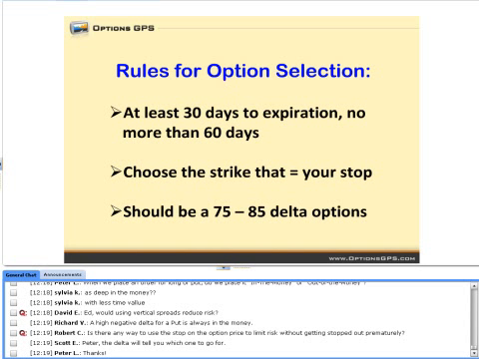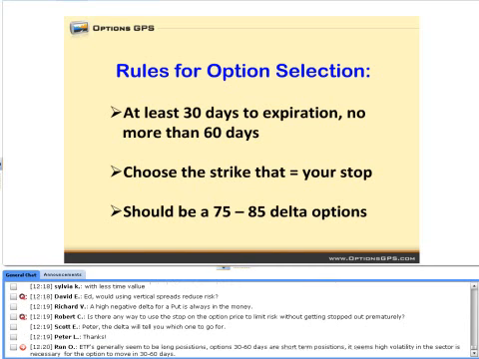Robert asked, is there any way to use a stop on the option price to limit risk without getting stopped out prematurely? The reason that I don't like using stops on options, Robert, in terms of actually physically submitting a stop to my broker, is because too many things can change.